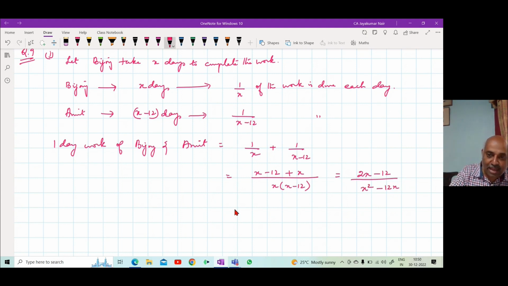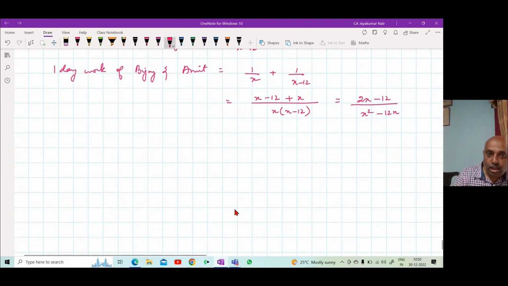So this is their 1 day work. In 1 day they will finish so much of the work, working together. If you want to find out how many days they will take to complete the work, you have to find out the reciprocal of this.